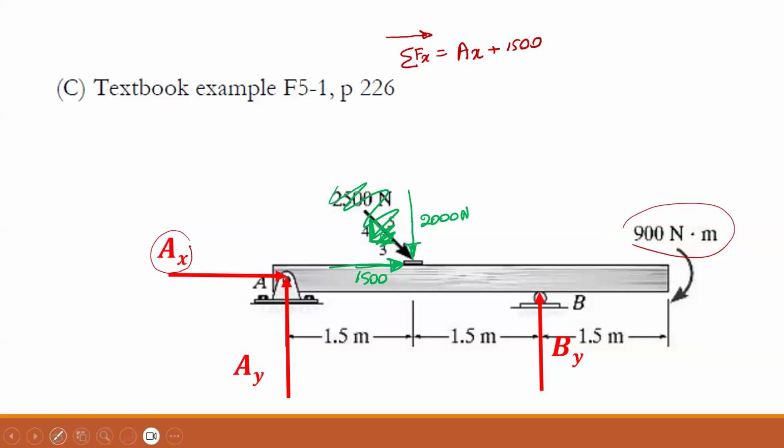Other forces are in the y direction, so we don't consider this AY, 2,000 and this BY, which are in the y direction. So they are not coming into the x forces. They are perpendicular. I'm just asking, what is this 900? Is it a force or a moment?